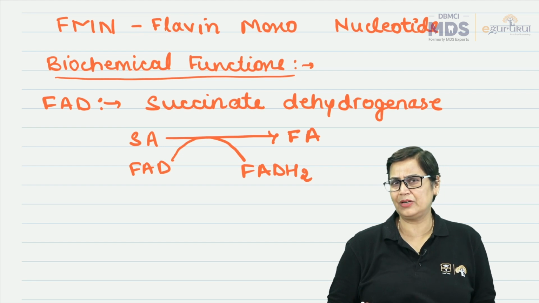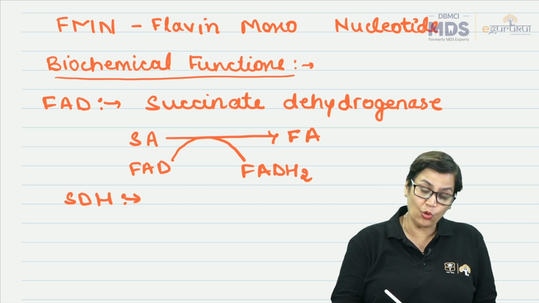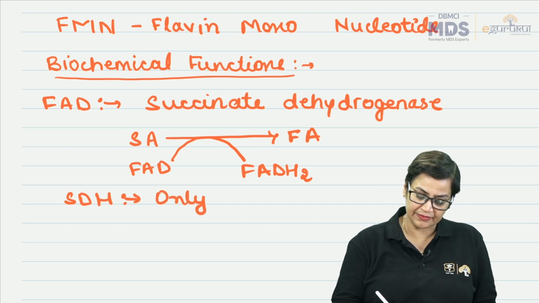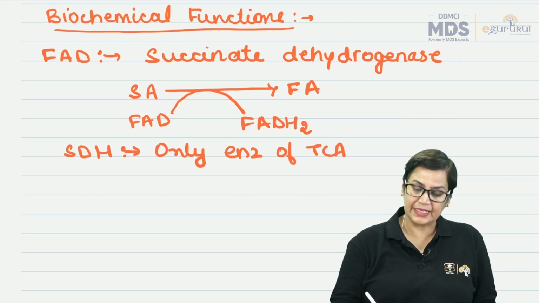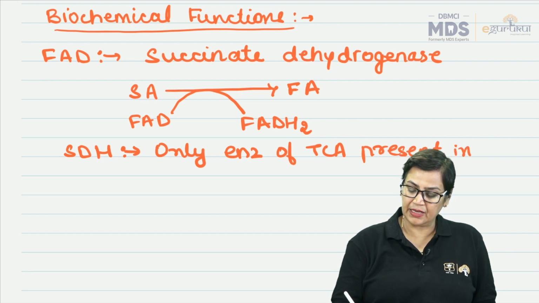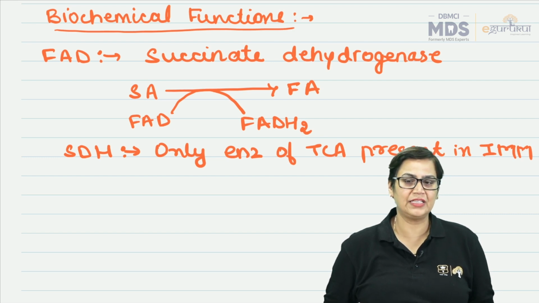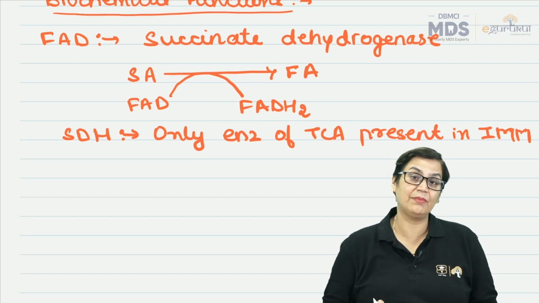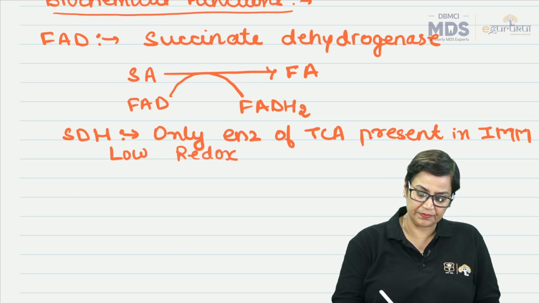This is a very important reaction, and this SDH enzyme is the only enzyme of TCA present in the inner mitochondrial membrane. Except this, all the enzymes of TCA, you are well aware, are present in the matrix of mitochondria. And this enzyme has a very low redox potential.